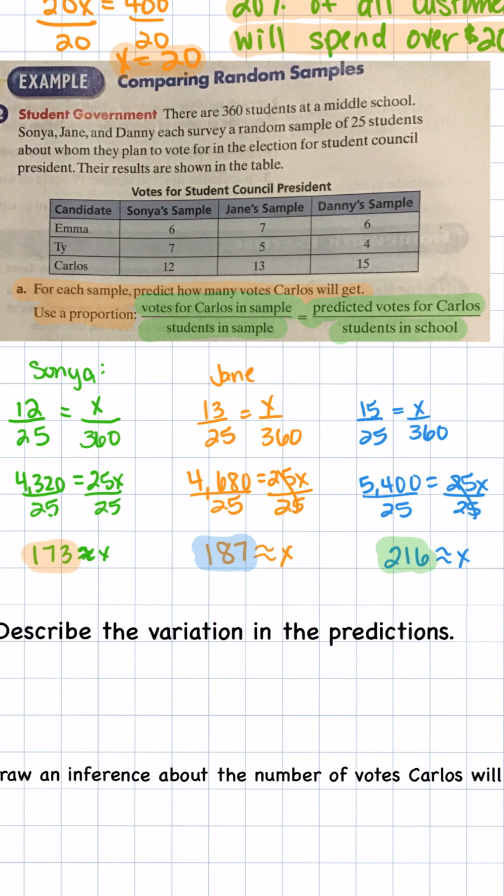So, describe the variation in predictions. So to do that, you often will say the greatest and the least.